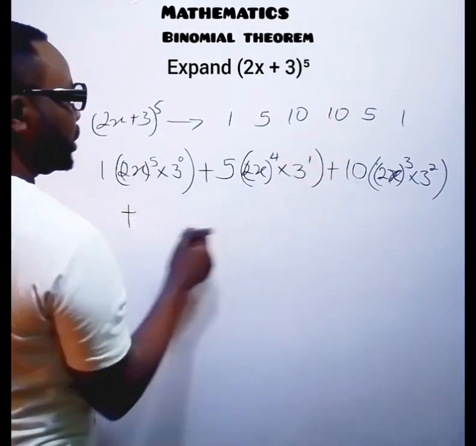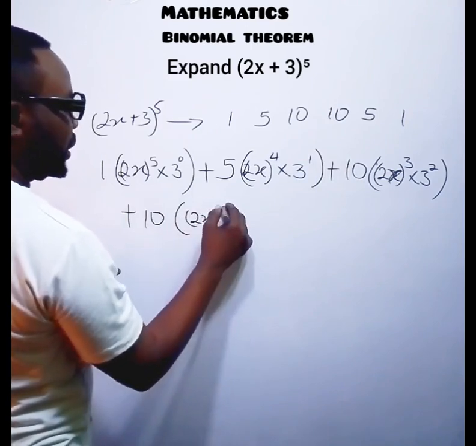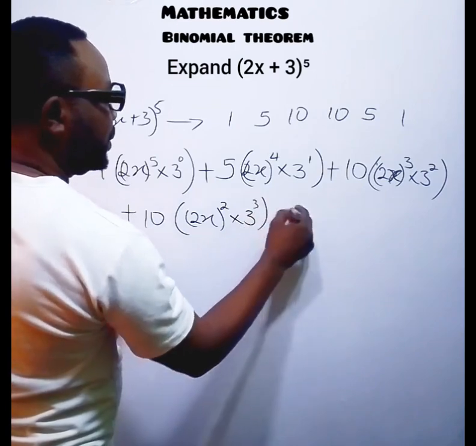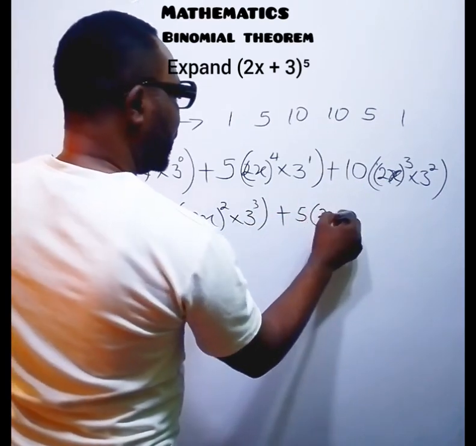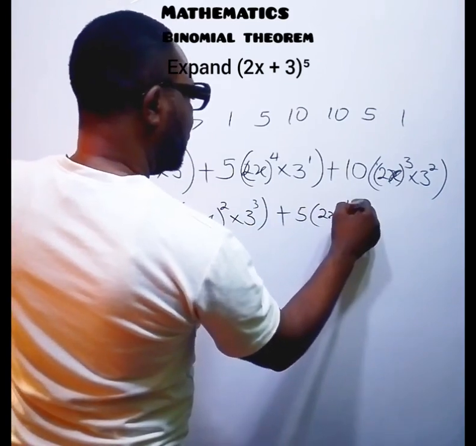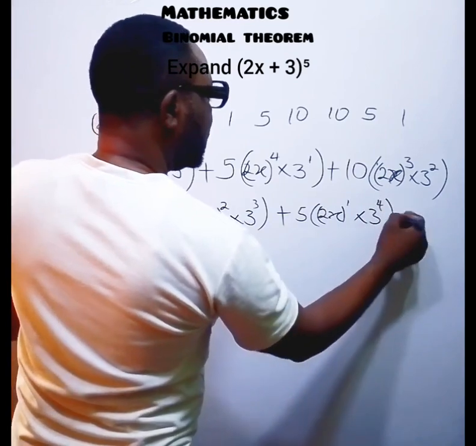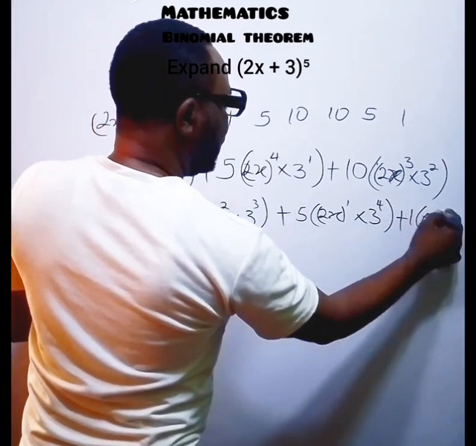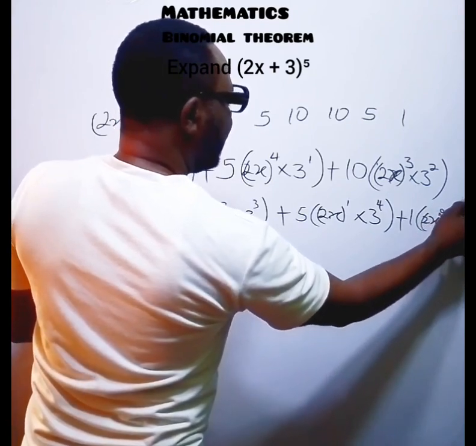Plus, what is the coefficient I'm going to have again? 10 into (2x) raised to the power of 2 multiplied by 3 raised to the power of 3, plus 5 into (2x) raised to the power of 1 multiplied by 3 raised to the power of 4, plus 1 into (2x) raised to the power of 0 multiplied by 3 raised to the power of 5.